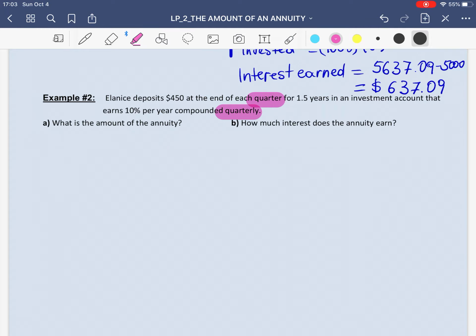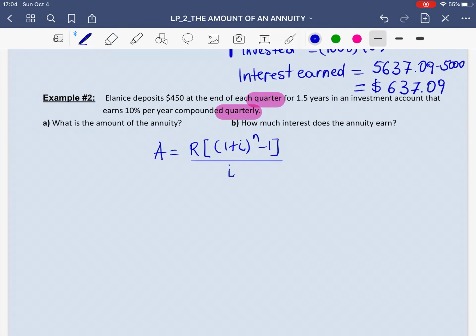So that means we can use the formula A equals R times (1 plus i to the power of n minus 1) divided by i. Okay? And now we're going to say, what are the options here? Well, she's investing $450, okay?